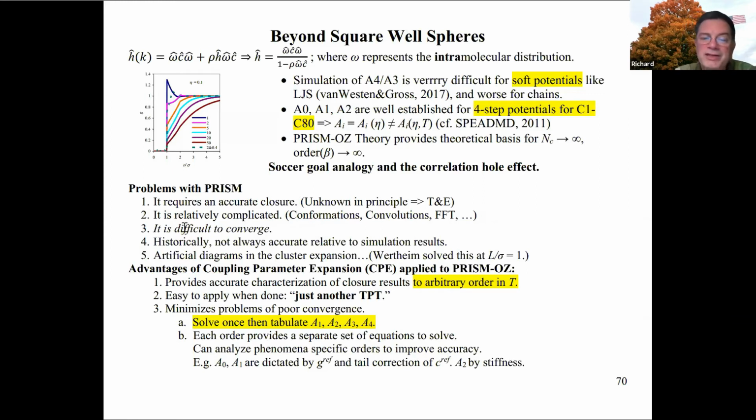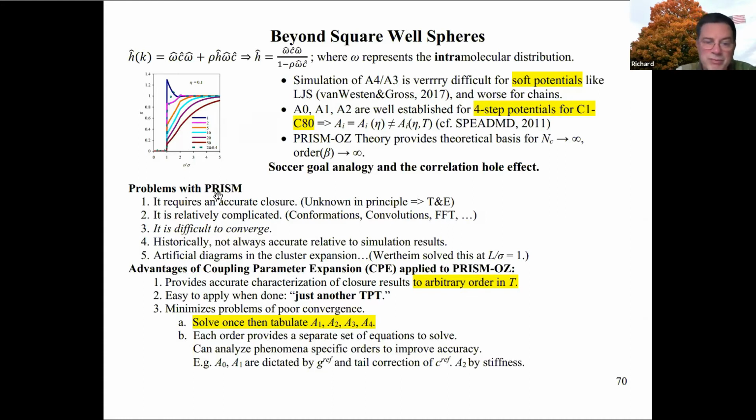Another problem is it's difficult to converge. This goes back to the point I was making about the compressibility equation: if the correlations in G get longer and longer range, then does that integral converge anymore? Or you have to go out to some really monstrous range in order to get your correlation functions to converge.